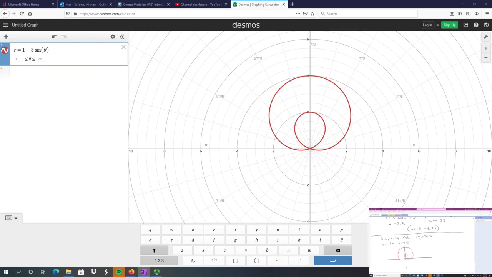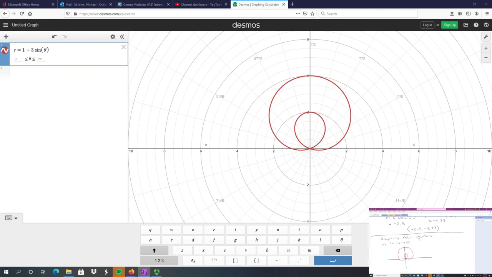So with polar graphs, you can get some fairly interesting shapes, like this one that we see here. If you're going to graph by hand on polar graph paper, you have to cover angles all the way from 0 to 2 pi. So you need to pick a variety of angles from 0 to 2 pi to get this graph.